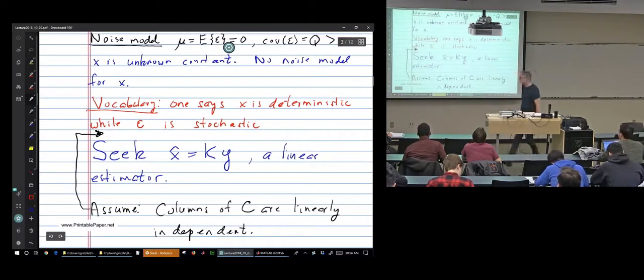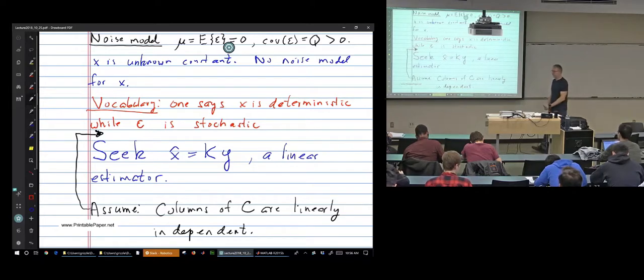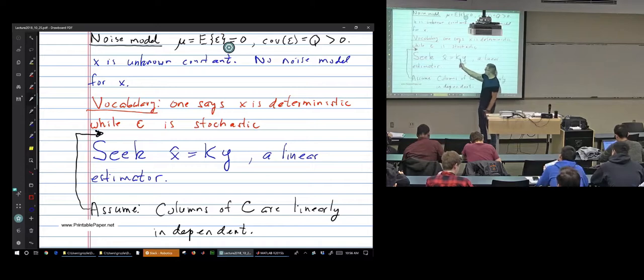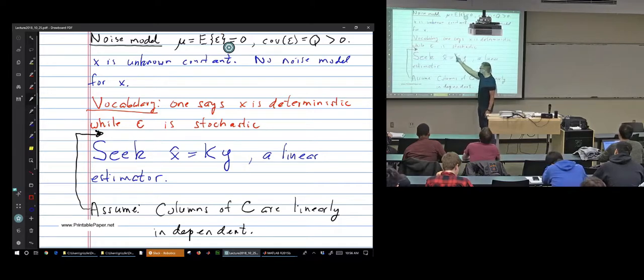Life is hard. My brain is not deterministic, it is stochastic. So this is the linear part. Linear estimator, I recover x, that's my estimate of it, from y with a linear operation, just a gain.